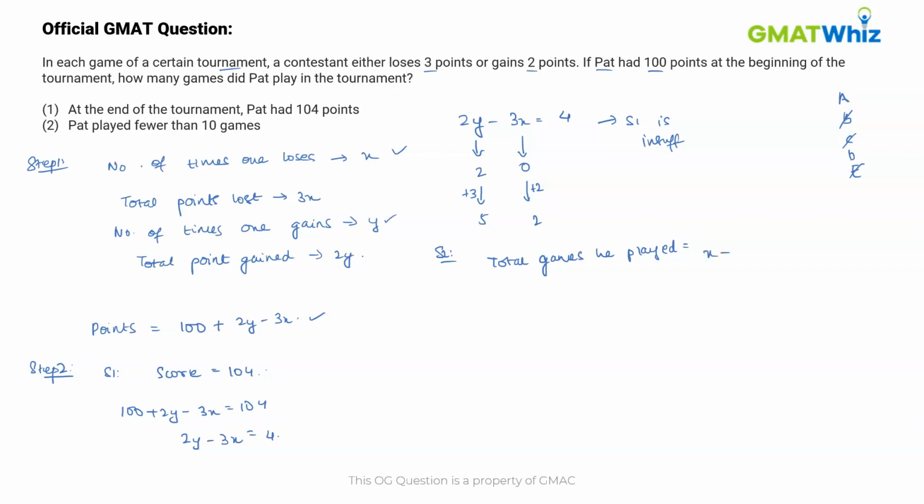So it should be equal to x plus y. Now using the statement that he had played less than 10 games, we can write x plus y less than 10. Now obviously it is not possible to find the value of x and y using just this inequality. So we conclude that statement 2 is also insufficient.